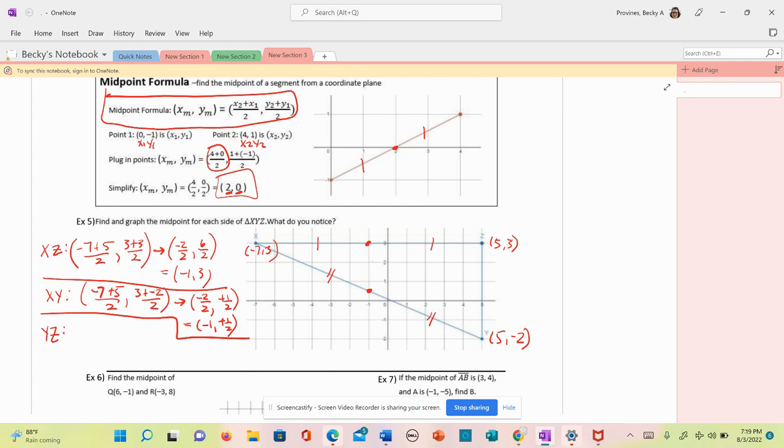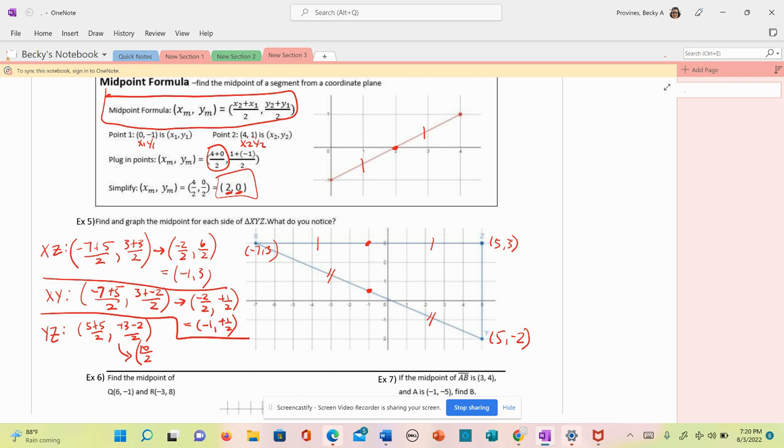Whenever they're both 5s, we're just going to take 5 plus 5, divide by 2. And when you have 3 and -2, so that's +3 and -2. All right, let's come down here. So 5 and 5 is 10.